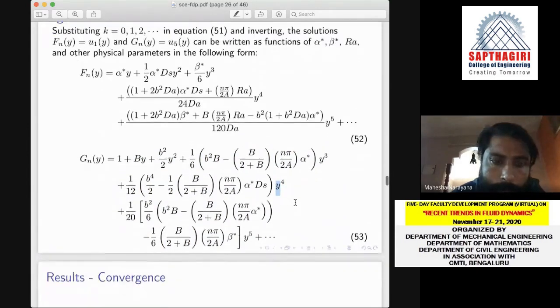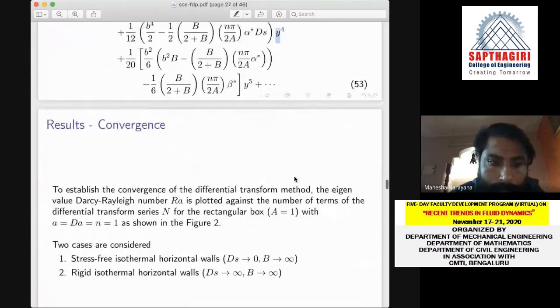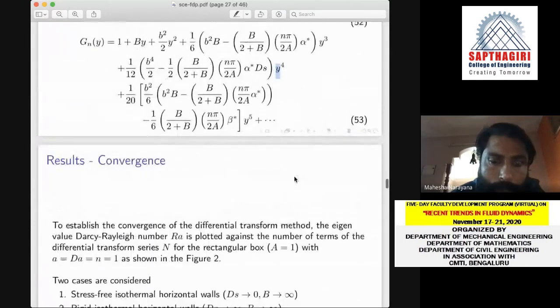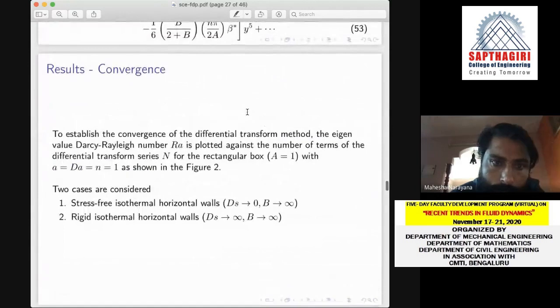And since the problem is a 2-point boundary value problem and the value of Y is in between 0 and 1, you don't have to really worry about the radius of convergence, okay? So it will be converging for all values of Y in the interval 0 to 1.